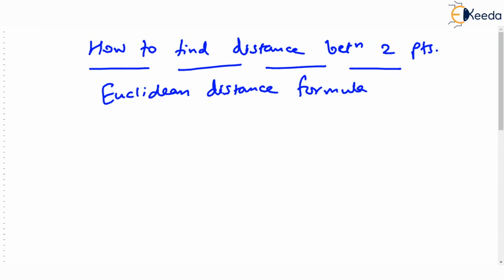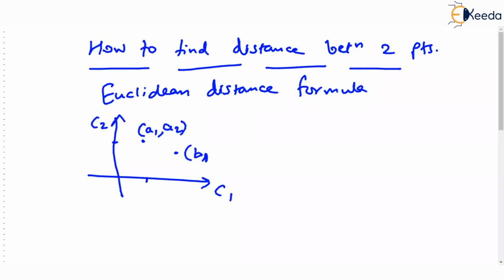Please try to understand, if there are 2 points in the xy plane, let's say these are C1, C2 features, and we have a point here, we have a point here. We want to find out the distance between these 2 points. Let this be A1, A2, that is values. Maybe it is 2, 2. This is B1, B2. This is another point. And we want to find the distance between these 2 points.